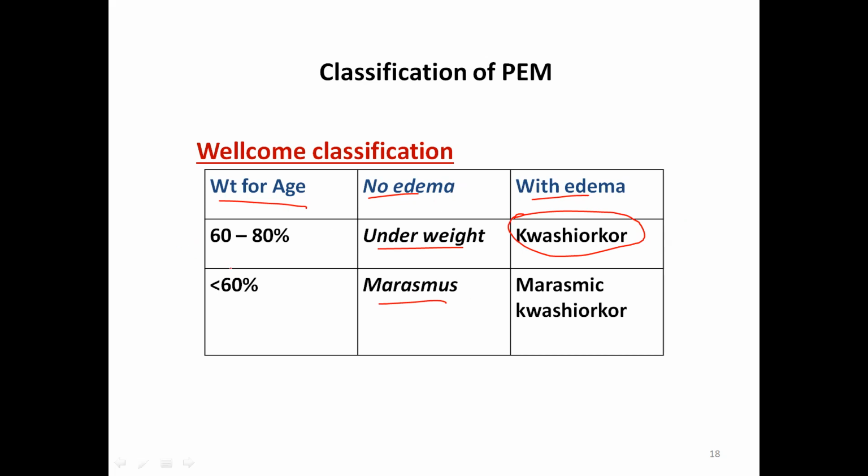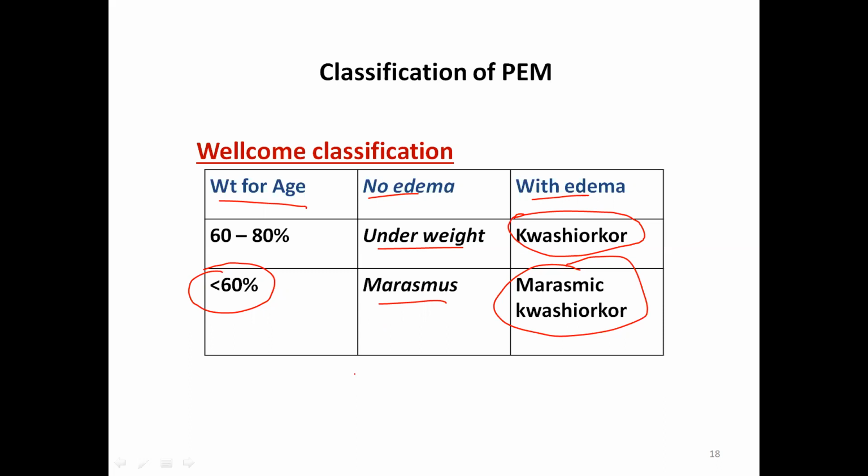And if the patient has less than 60% and it is with edema, we call it marasmic kwashiorkor. The difference between marasmus and kwashiorkor is that marasmic patients have visceral protein reserved for a longer time, while kwashiorkor patients have irregular visceral depletion of amino acids or protein, affecting visceral cellular function.